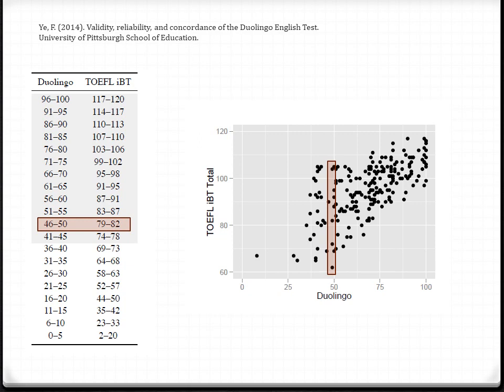So what I would say to someone who asked me is, if you're really serious and you're really comfortable with the TOEFL and you want to make sure that you are admitting people who have at least that much proficiency, you might set your cutoff here around 73. And this is much easier to explain with a visual than it is just in words. So that's just a little bit about visuals.